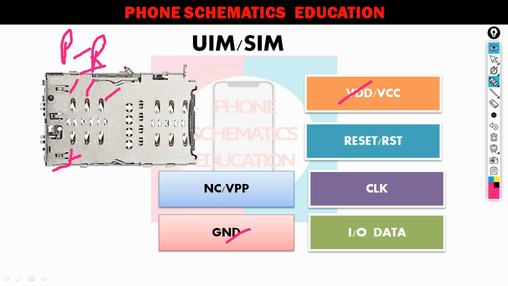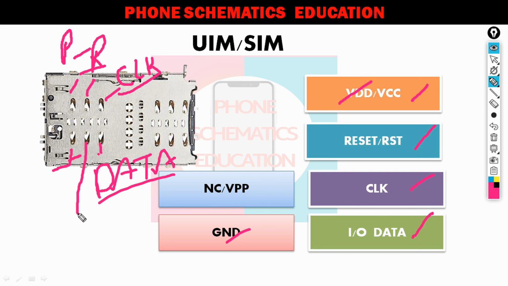So there is a CLK. For the use of data pins, a clock is a must, so this pin is a clock signal. Now if there is a clock, there must be data. So there is a data pin for read and write, transmit and receive, right? So these are the 5 pins: your positive, reset, clock, IO, ground, and the last pin is NC, not connected, in 99% of phones.